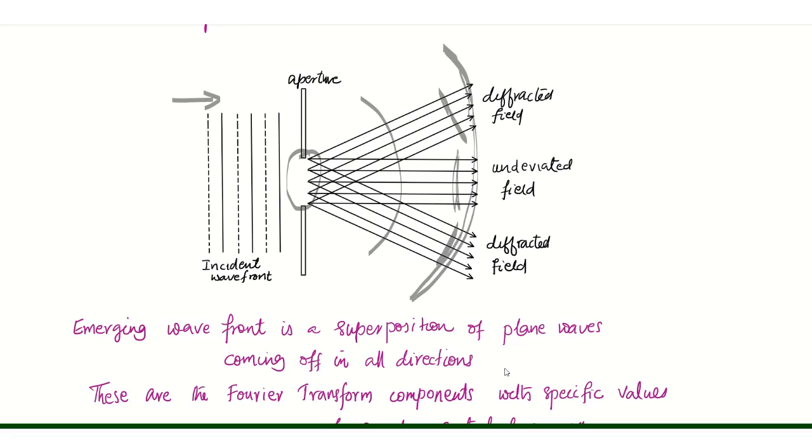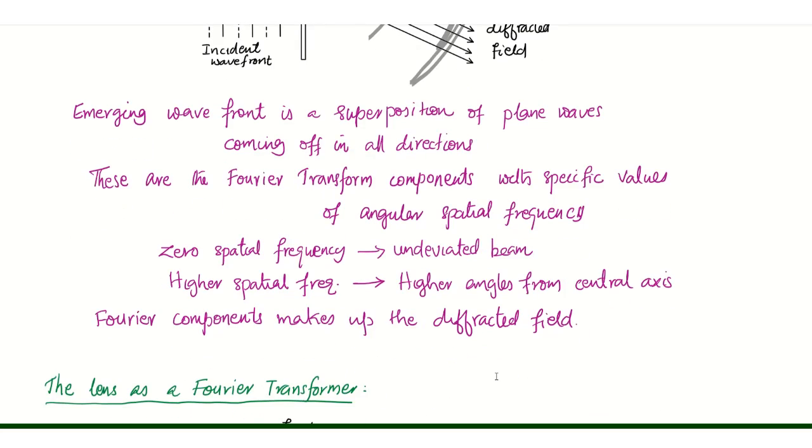The resultant will be the superposition of these plane wavefronts, and these plane waves are Fourier transform components with specific values of angular spatial frequency. By the superposition of all these Fourier components, you can reconstruct the actual wavefront.